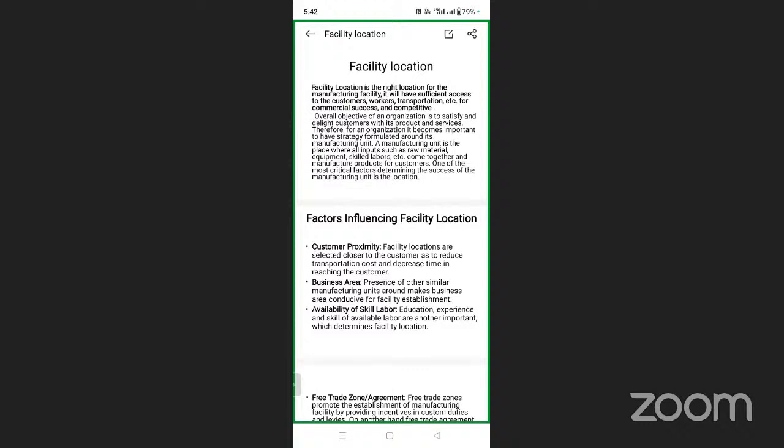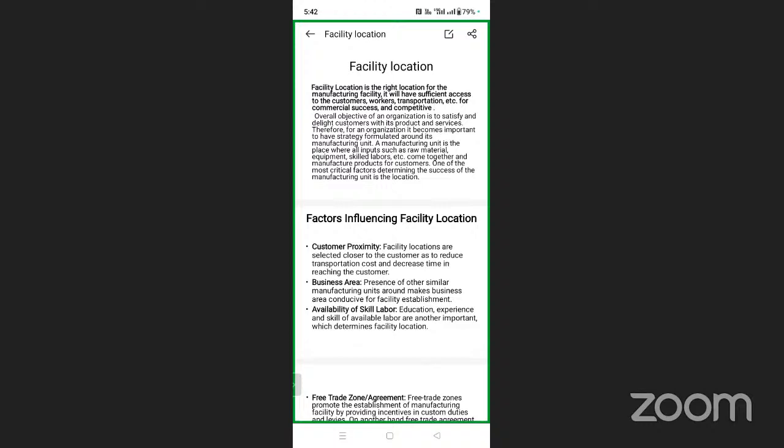That area should be suitable for the business. Suppose you are manufacturing a product in Malkanagiri, and the area is not suitable for the business. In that area, you will not do business. First of all, you have to choose. Your preference should be the business area, where your product can be communicated to the customers very easily.